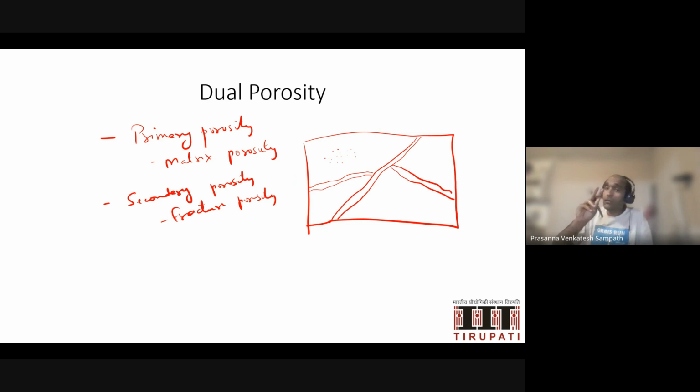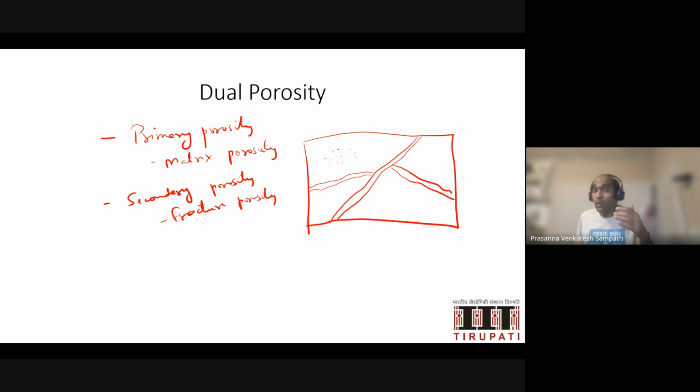So you have these two kinds of porosities in a fractured rock. One is the primary porosity, which is the porosity of the rock matrix, which is the rock that comprises the block. And then the second type of porosity is called the secondary porosity, which is the volume of the voids created by the fracture itself.